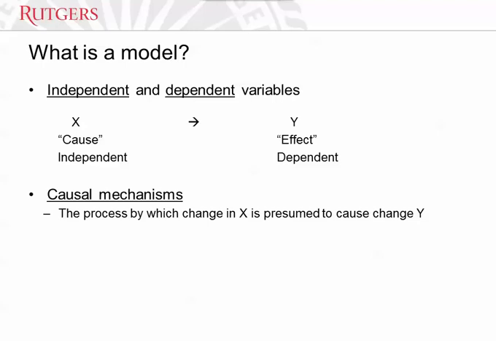So implied in a model also is the notion of a causal mechanism. There must be a way in which X and Y are related. In other words, a process by which change in X leads to or produces change in Y. So the notion of a causal mechanism is a very important part of the process.